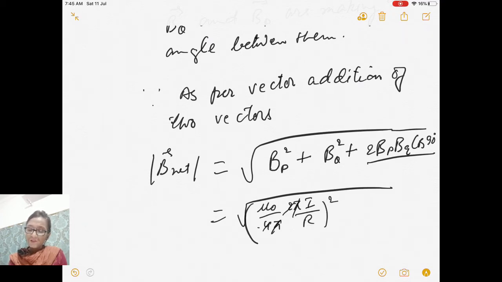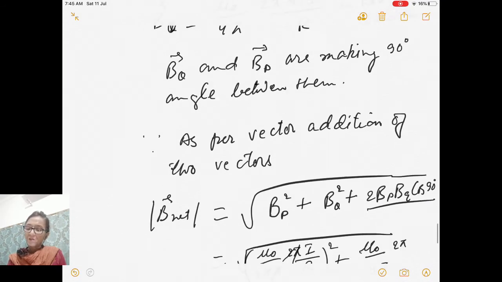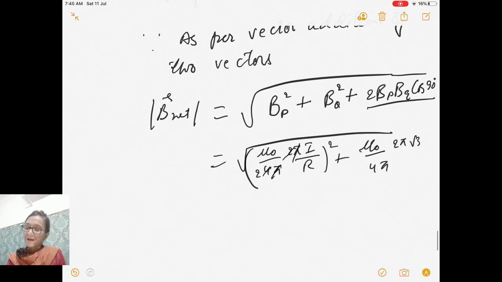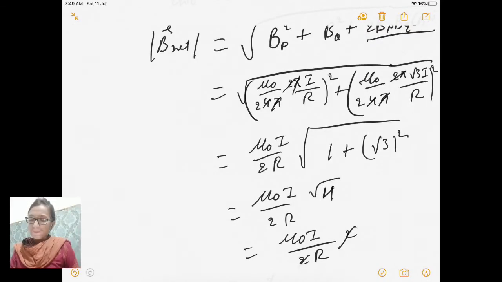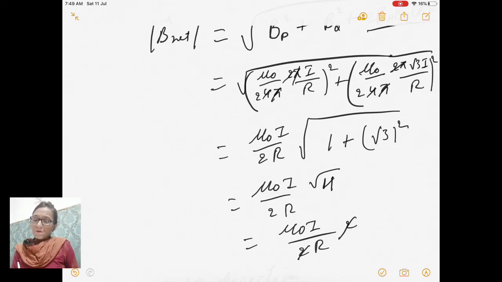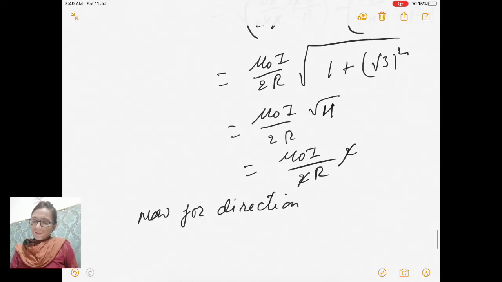Let me cancel these parts, plus mu naught upon 4 pi 2 pi root 3 I upon R whole square. So here it is simplified, mu naught I upon R.